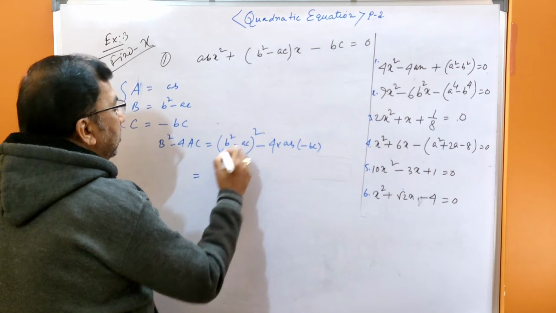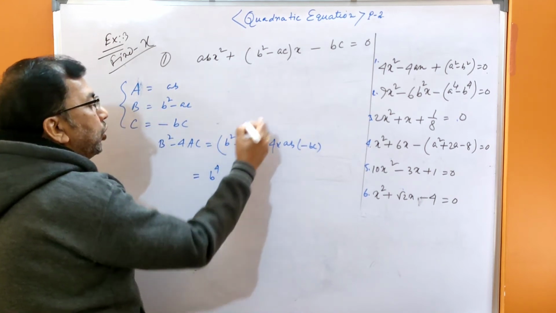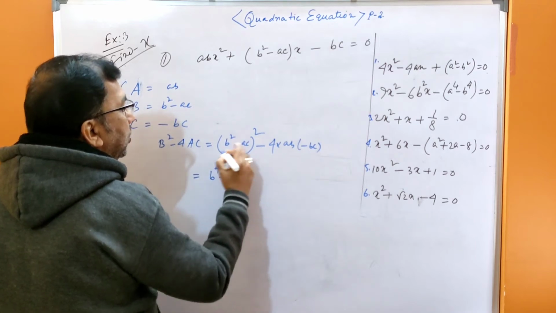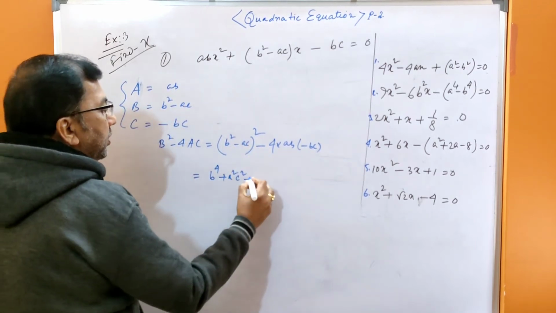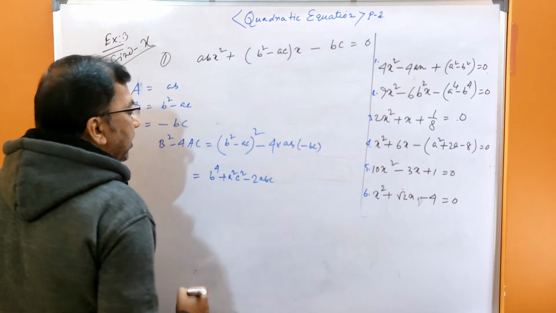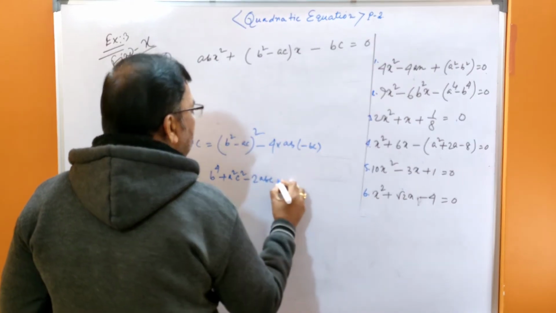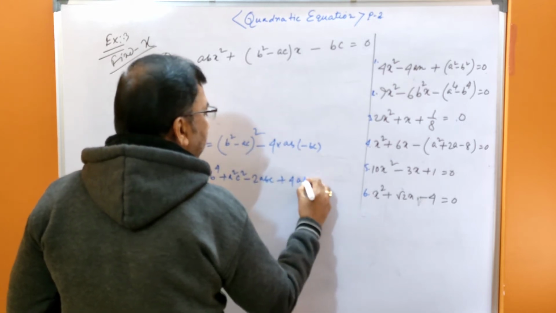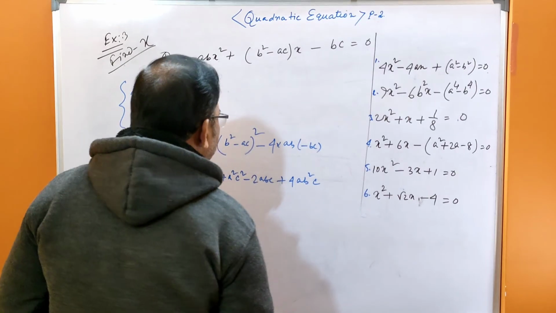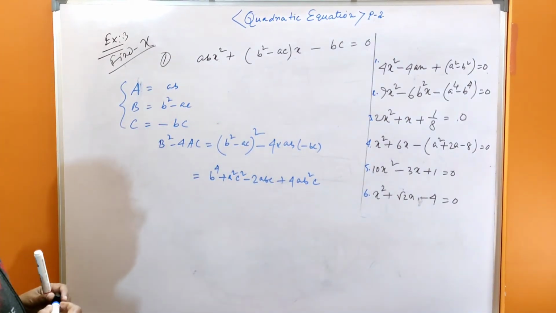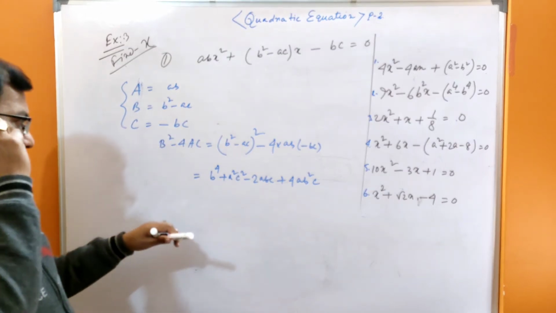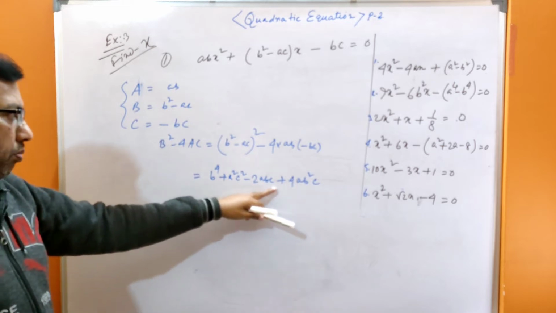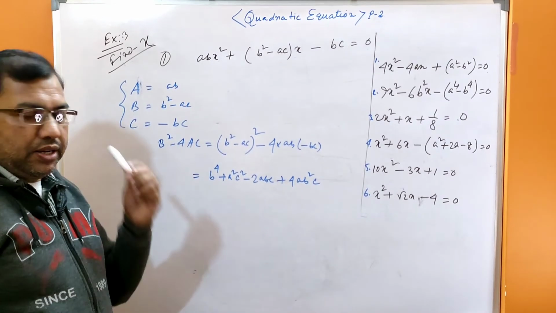So क्या आएगा यहाँ पर? बोलो. B4 A minus B whole square formula. B4 plus A square C square minus 2ABC. माइनस में प्लस होगा, प्लस 4AB square C. क्लियर? तो B4 माइनस A square B square माइनस A square C square माइनस 2ABC प्लस 4AB square C square. क्लियर?